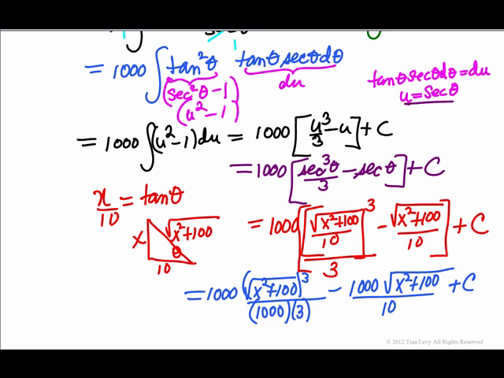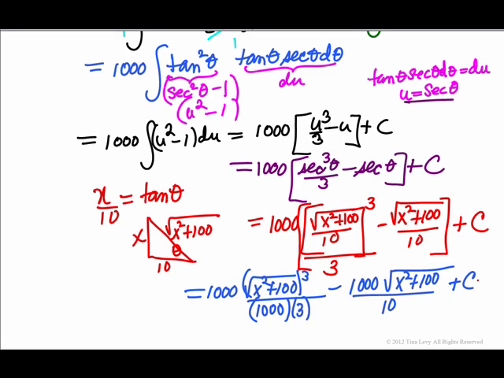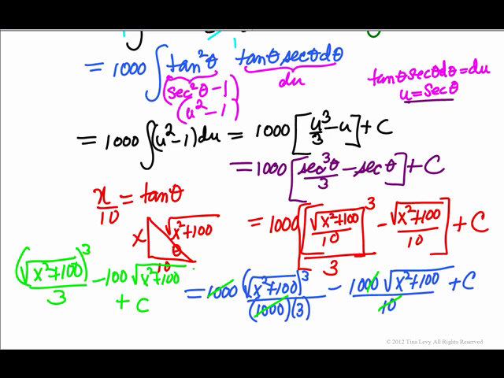And I'm ready for one last step. So the final answer is, these thousands cancel, so my final answer is radical x squared plus 100 cubed over 3, and then this cancels here, minus 100 radical x squared plus 100 plus a constant.